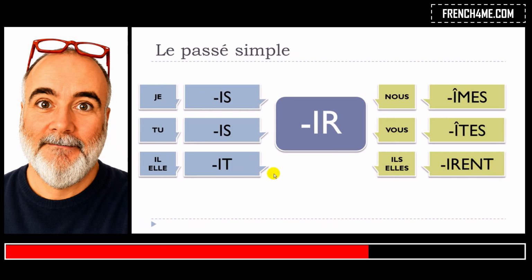Okay, so you get these. These are the endings for the regular verbs from the second group, ir: is, is, it, îmes, îtes, irent. Okay, don't forget the circumflex here and here.